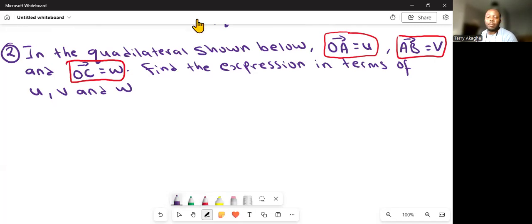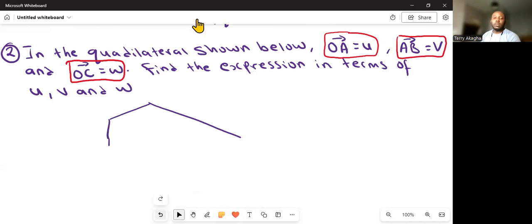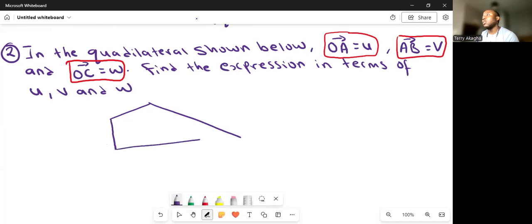So the shape we had was something like this. So let's clean this a bit here. So we had this and that. Okay. So we were told that this is O, A, B, and C.